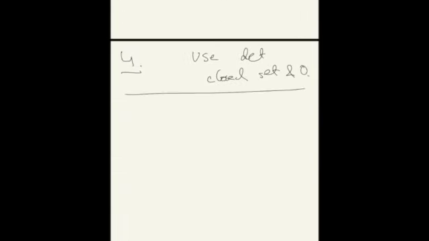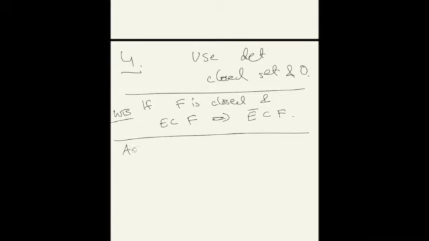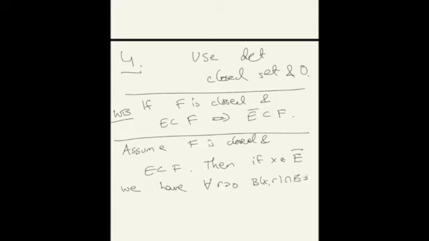So we want to show that if F is closed and E is contained in F, then E bar is contained in F. Well, let's set this proof up by assuming F is closed and that E is contained in F. Then if we want to show that E bar is a subset of F, let's take an element X in E bar, and we have for every positive radius that the ball B(X, r) intersects E in a non-empty way.